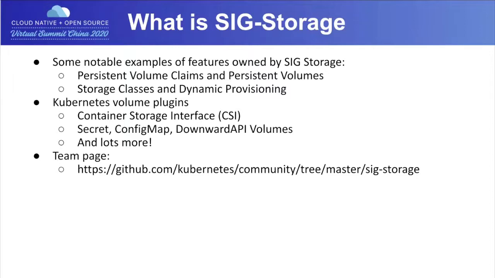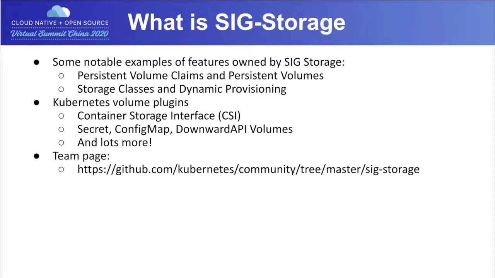Different storage classes might map to different quality of service levels of the storage system. In dynamic provisioning, the storage class is used to find out which provisioner should be used and what parameters should be passed to the provisioner when creating the volume.